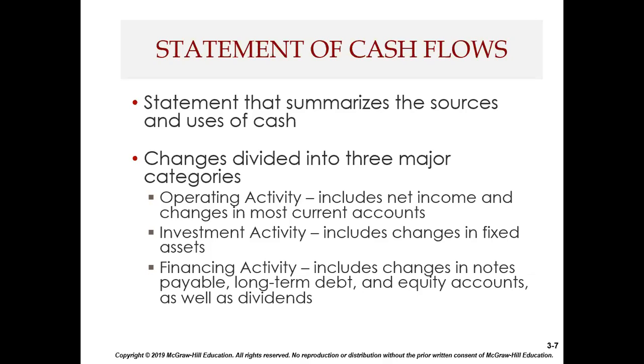The uses of cash in working capital, remember assets and current assets and current liabilities. Accounts receivable was a use because it increased. We collected less money. An increase in inventory means we spent more money. Decrease in notes payable means we paid off the notes payable, so we used that.